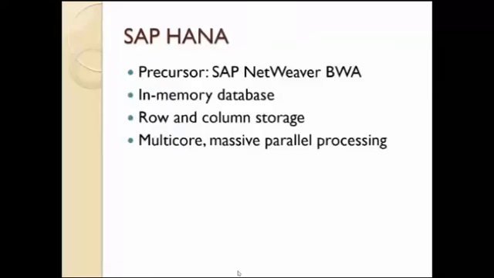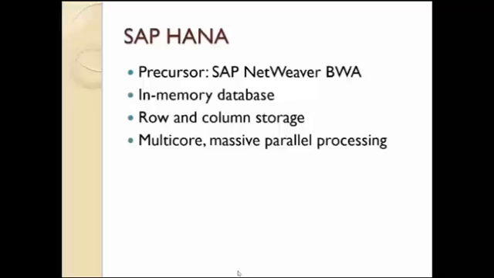And speaking of SAP HANA, I have a few slides that talk a little bit about this product. Okay, so the precursor to this product is actually related to BW. It's called SAP NetWeaver BWA. A is for accelerator. This is a separate piece of software that can be used alongside BW to accelerate processing of queries.